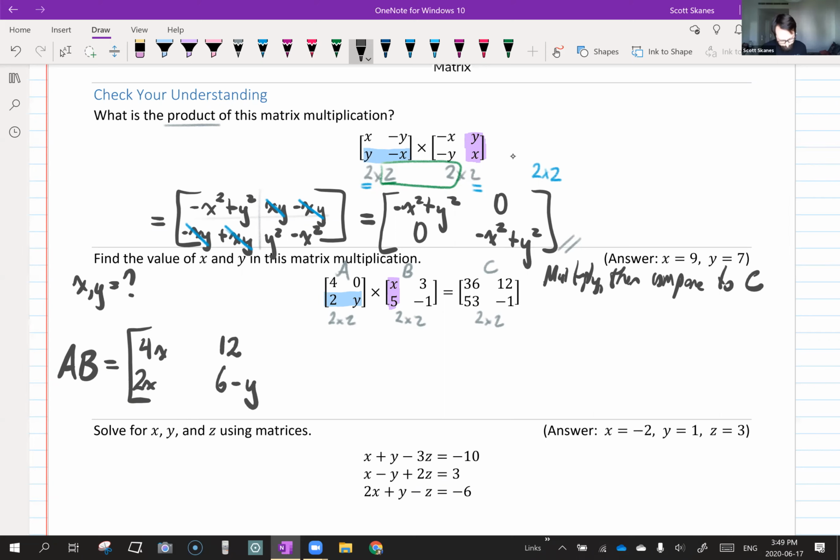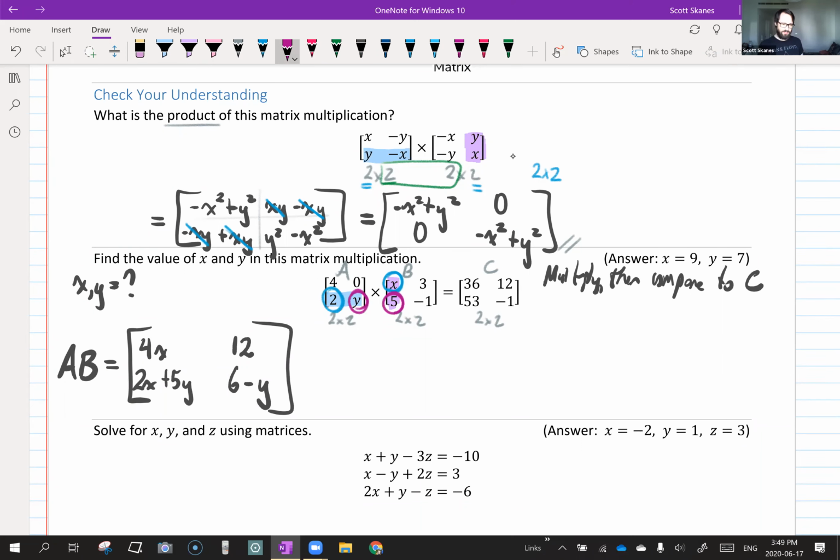Plus 5y. So Mohammed gave me half of it. Notice that you need to have 2 and x multiply, but then y and 5 multiply, because you do the firsts and then the seconds and the thirds, if that makes sense.